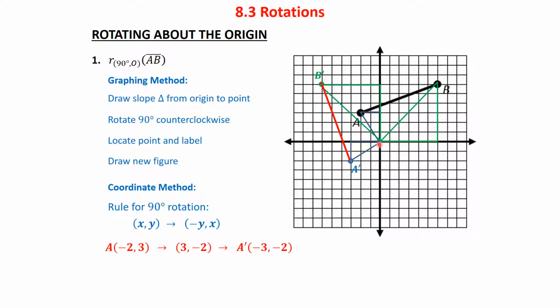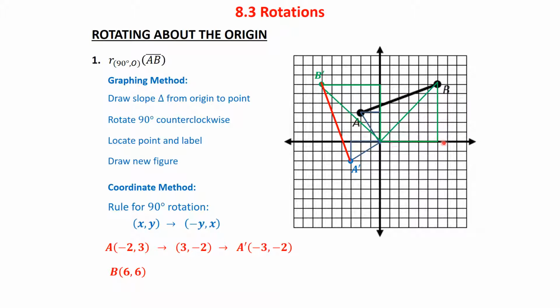And if we take a look back at where our right triangle landed when we moved it 90 degrees, I go over -1, -2, -3, and then down 1, down 2. And so again, that is my point, -3, -2. The same thing can be done with point B, which is located at the spot 6, 6.